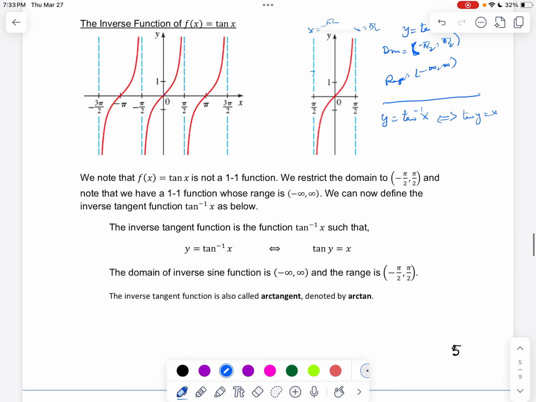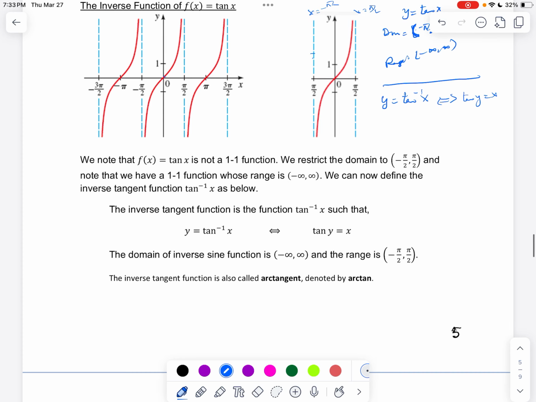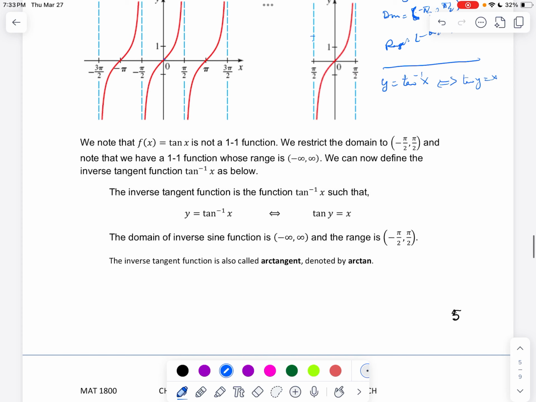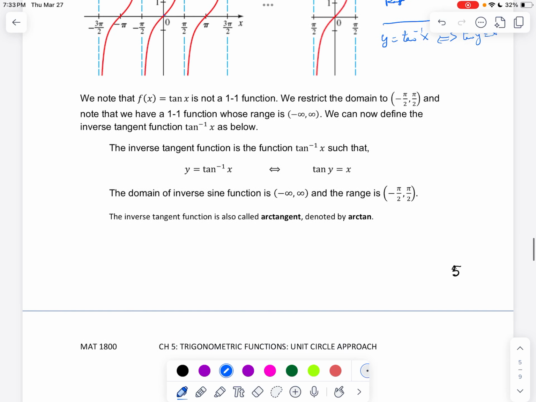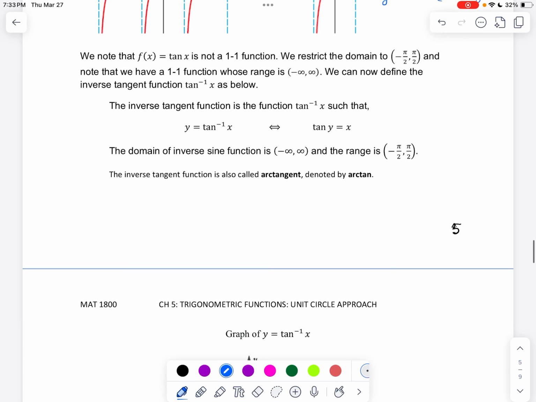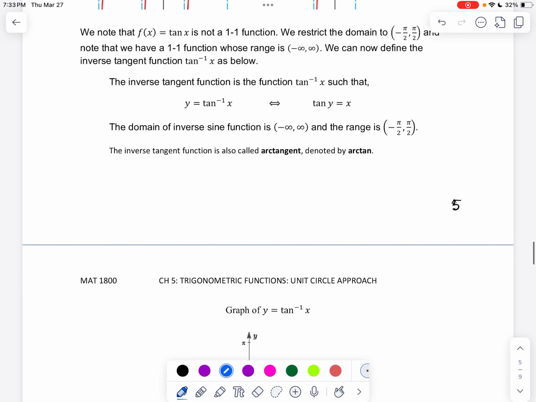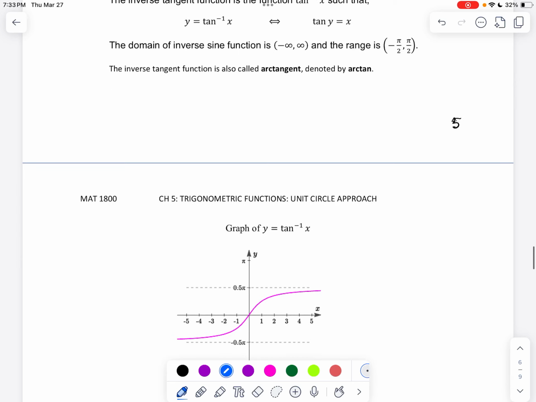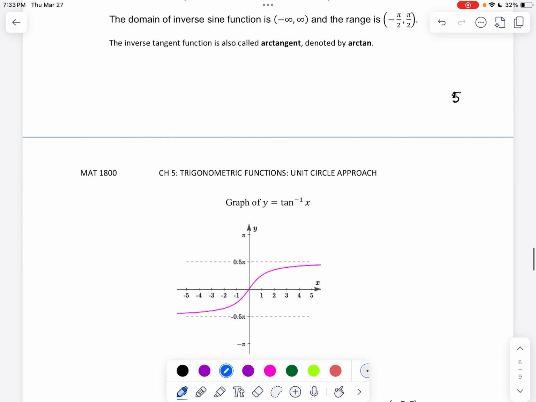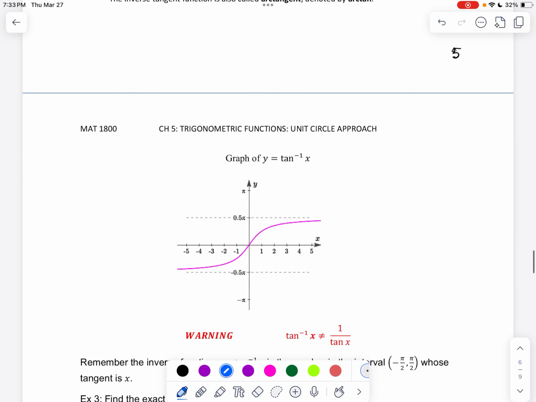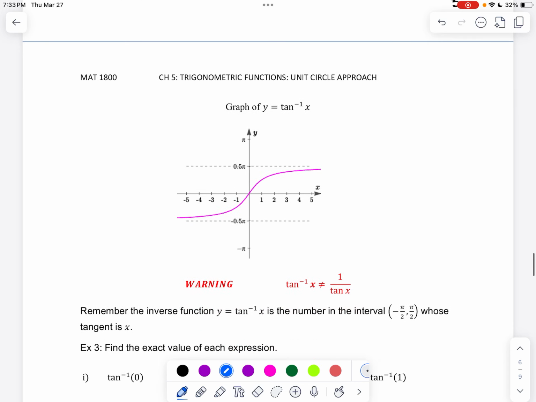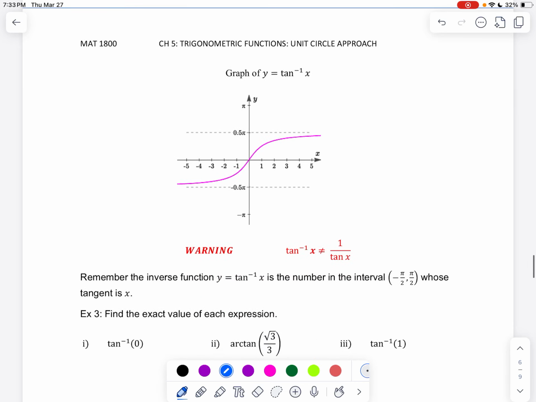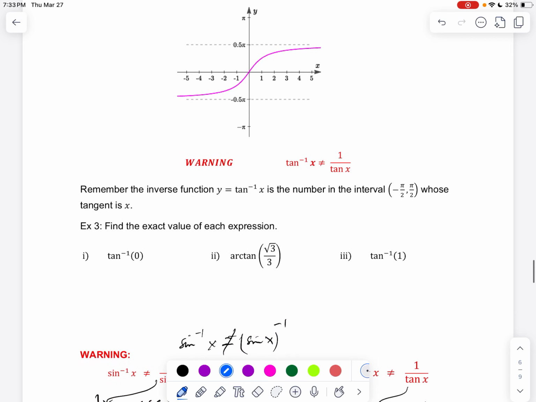The same thing applies to the notation arc tangent, arc cosine, arc sine. That is another notation. And here is the graph of tangent inverse. Remember, for the restricted tangent x we had vertical asymptotes. Now we have horizontal asymptotes.